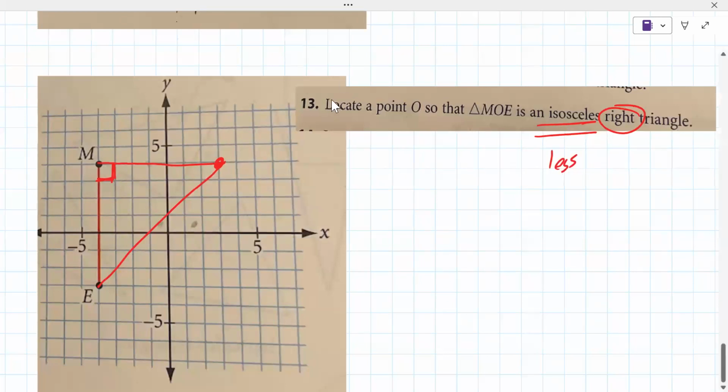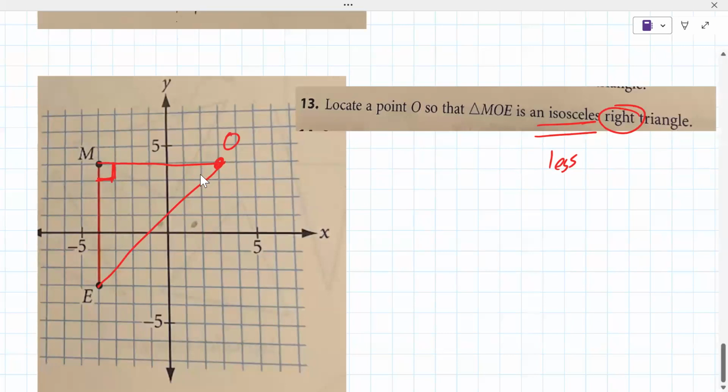So from E to M, can you count from E to M for me, please? 7. And then is M to O also 7? Yeah. Actually, yes.